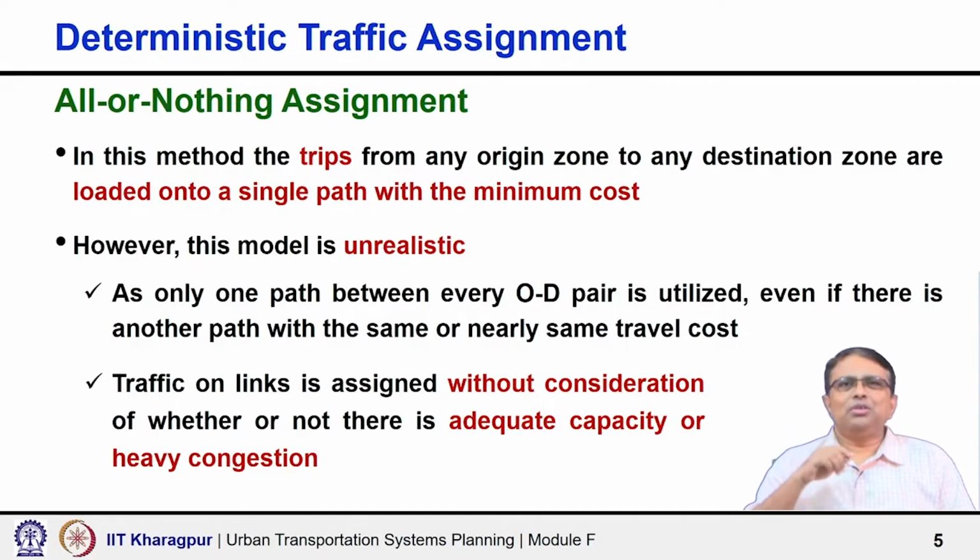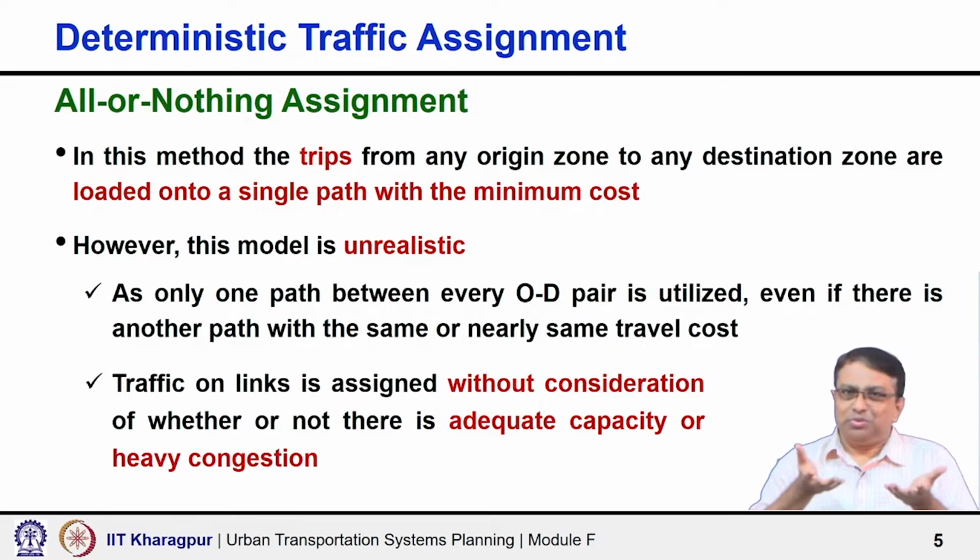Now, the question is, if there is congestion, and you find that the shortest path is maybe 15 minutes, after assigning the flow it may remain around 15 minutes.